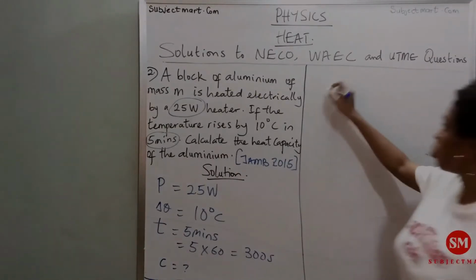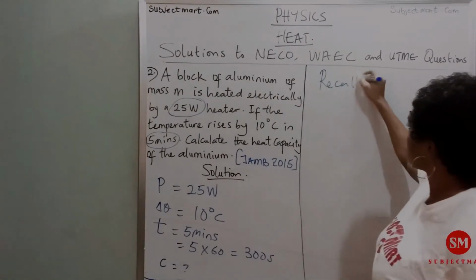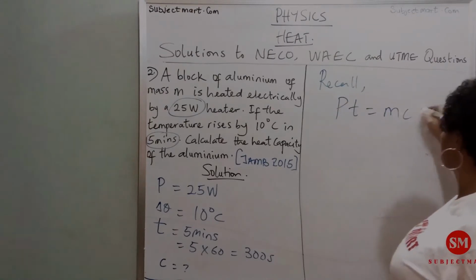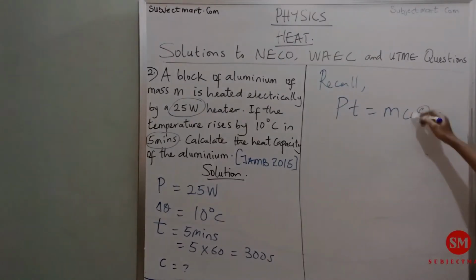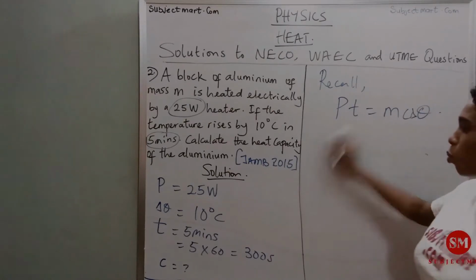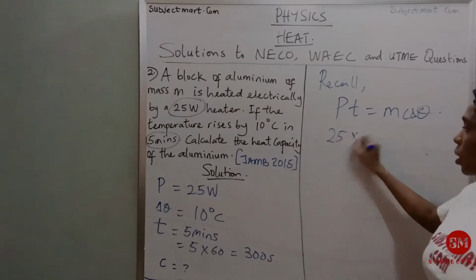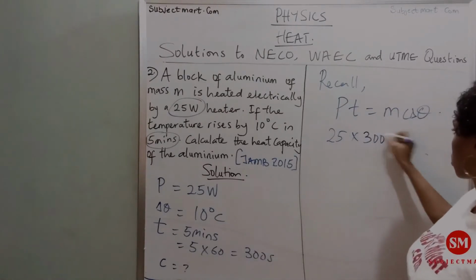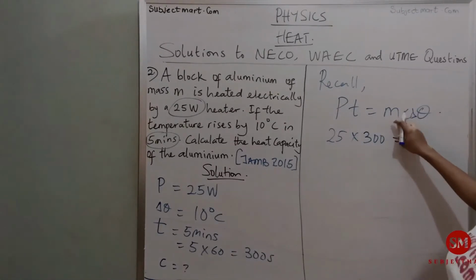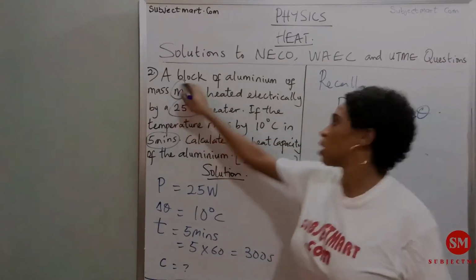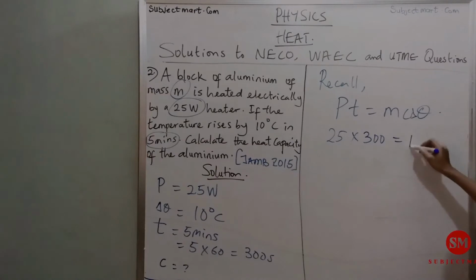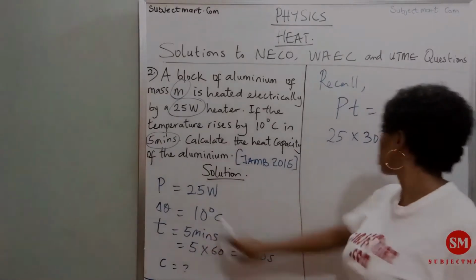So, you recall that PT is equal to MC theta, or MC change in theta. So, P from there is 25. Our T is 300 seconds, which equals M, we are given the mass as M, then we have change in theta to be 10.